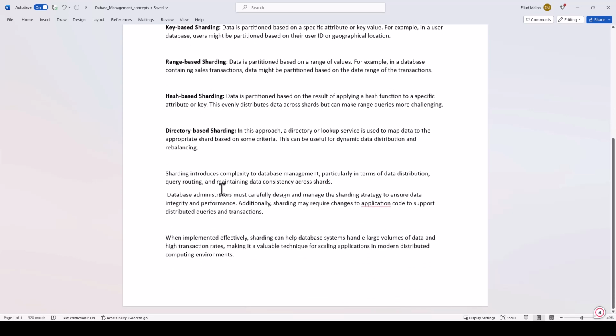So you have to be careful, because implementing sharding effectively can help a database handle huge volumes of data and high transaction loads, making it a valuable technique for scaling applications in modern distributed computing. It's not as easy as just brushing through the technology itself. You have to do a little research before you implement this concept in your database.